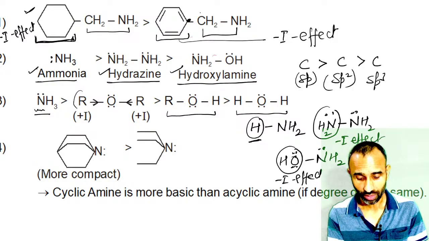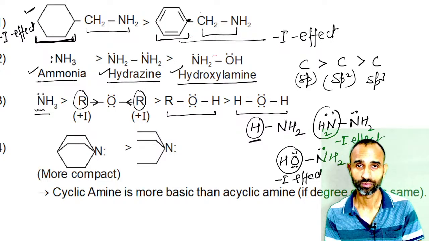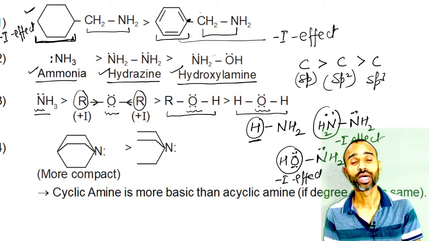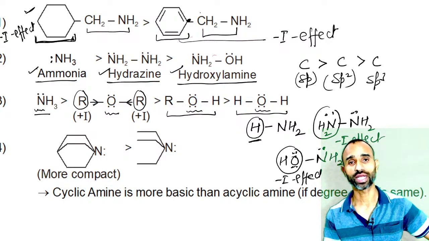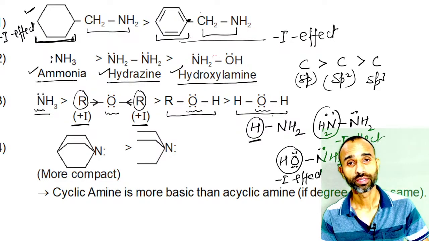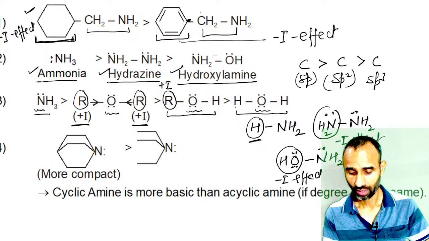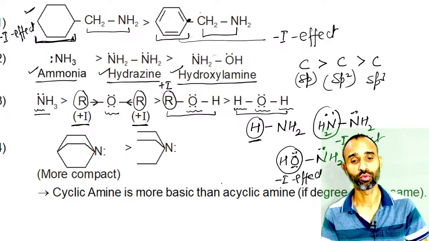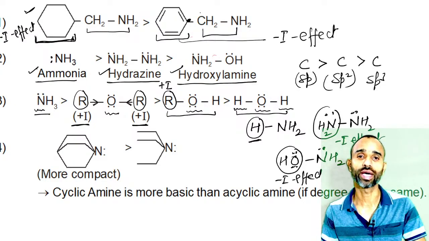Because there are two alkyl groups which release electron towards oxygen, because there are only oxygens. So we are comparing the electron releasing effect. If electron releasing effect increases, basic strength increases. So plus I effect of two alkyl groups in ether, only one alkyl group in alcohol, and there is no alkyl group in water. So ammonia is more basic than ether, ether is more basic than alcohol, alcohol is more basic than water.